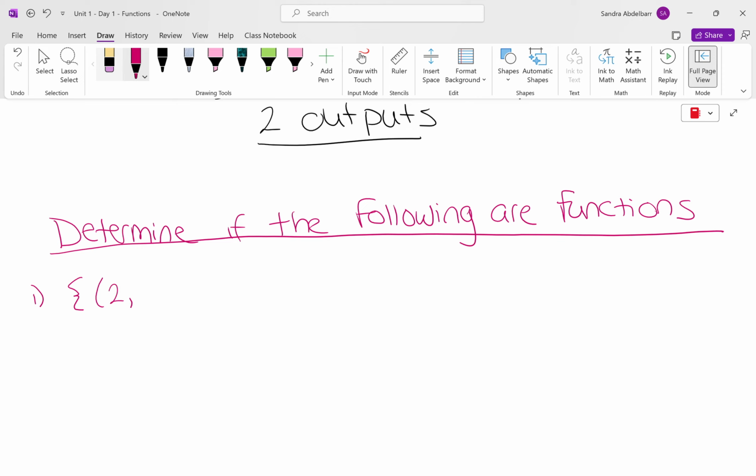All right, so that little squiggly bracket just means I'm opening up a set. So I have a set of points. I have 2, 3, 3, 4, 5, 4.